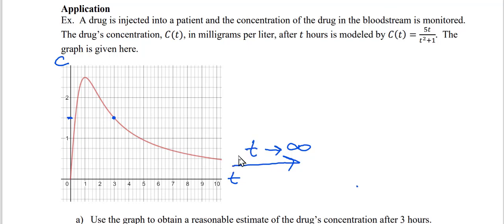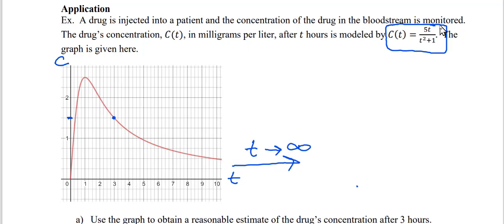The horizontal asymptote is about that independent variable going to infinity. What is that approaching? It's easiest to figure that out by analyzing the actual function, not just the graph, because I'm not sure the graph is super clear about that.